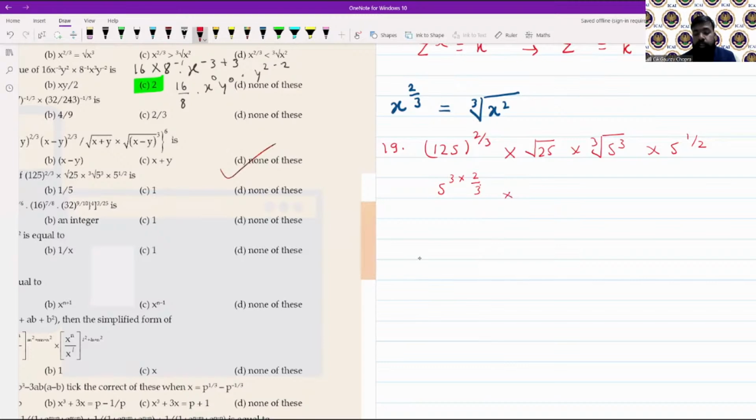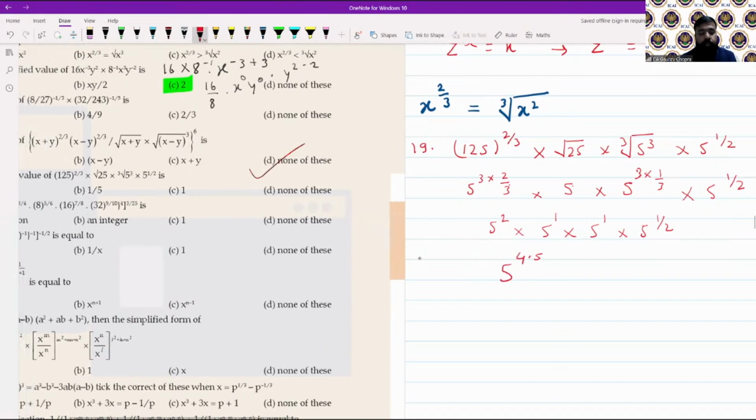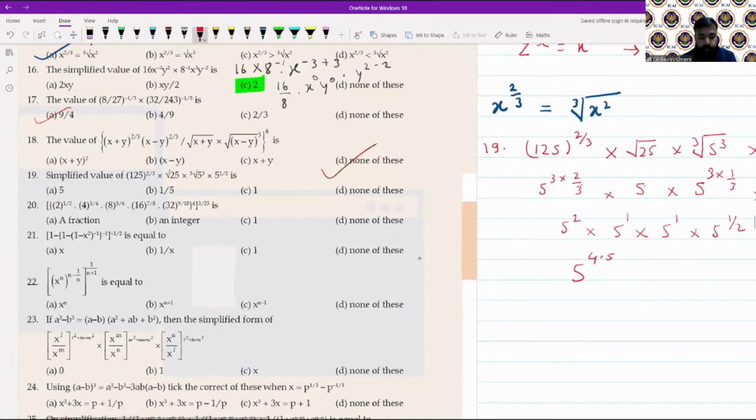Root of 25 is 5, then 5 cube and then cube root, and then 5 to the power of half. So what is left? 5 square, then 5, 5, and 5 to the power of half. So how many powers are there? Power 2, 1, 1 and a half. So 5 to the power of 4 and a half, 5 to the power of 4.5.